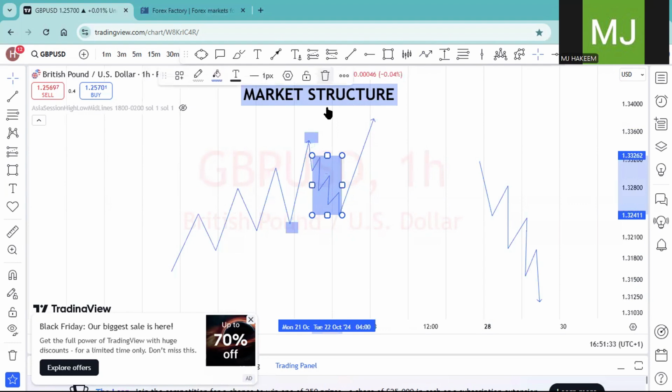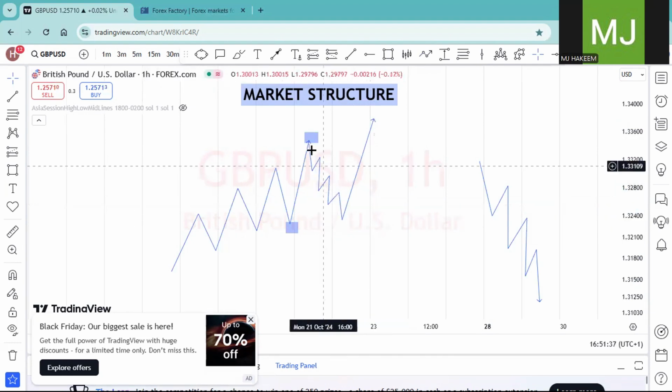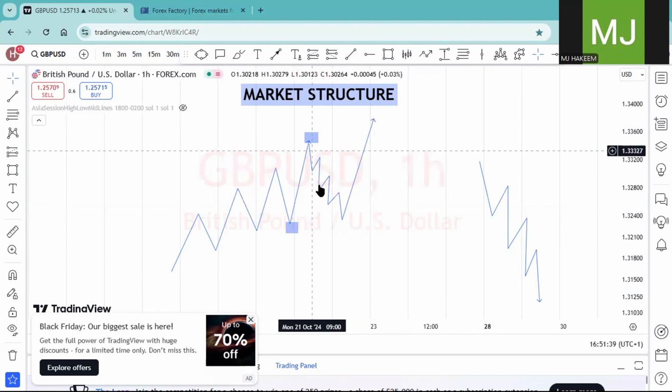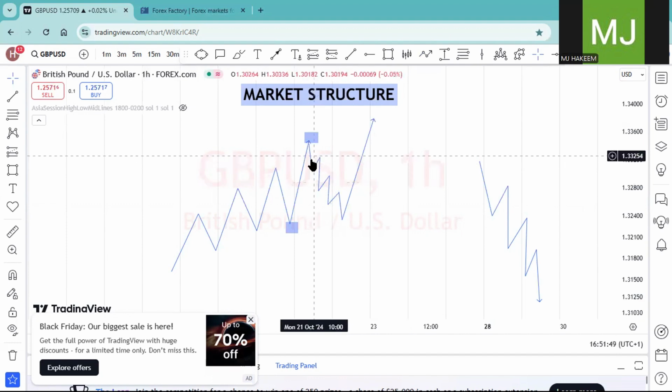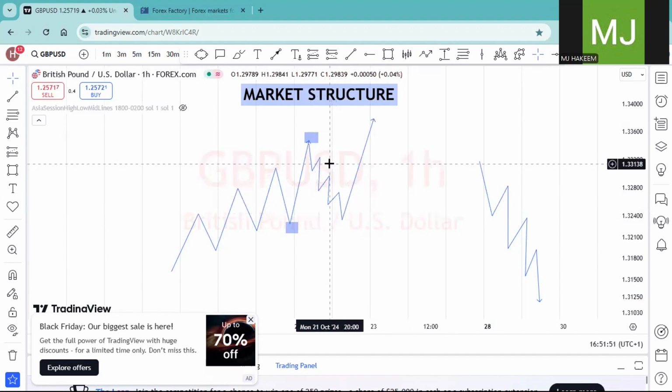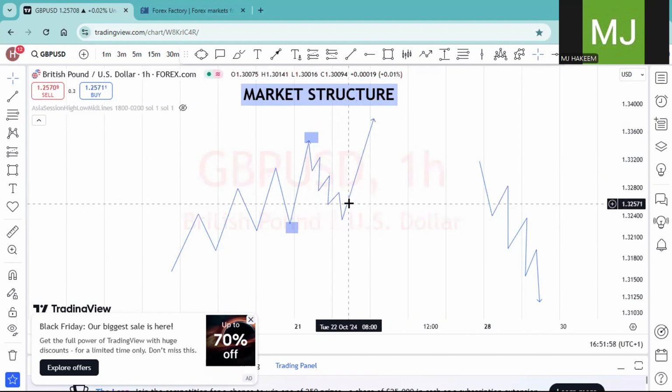Now, your internal structure is what we call the pullback of the market. Sometimes it can be called a complicated pullback, where some people will think this is already a break of structure or whatever. According to the market cycle, we have the impulse and the correction.